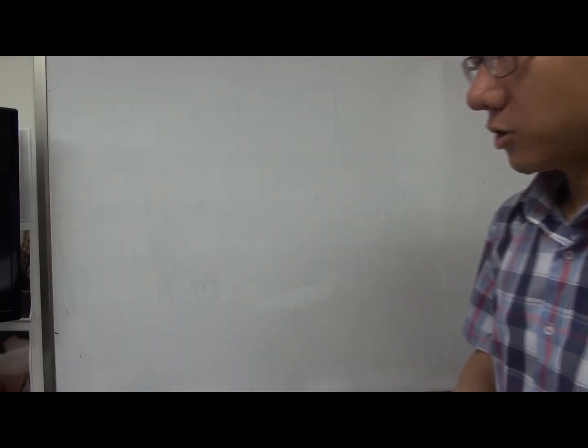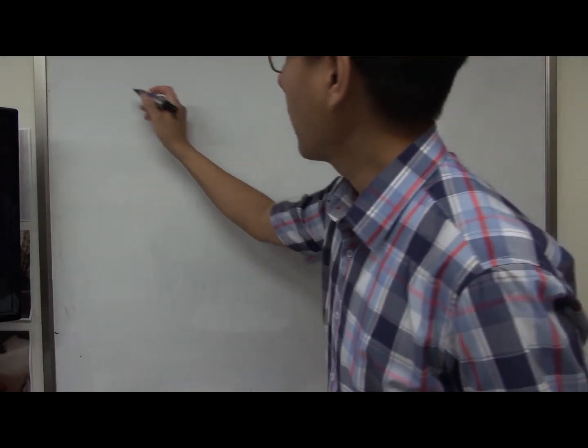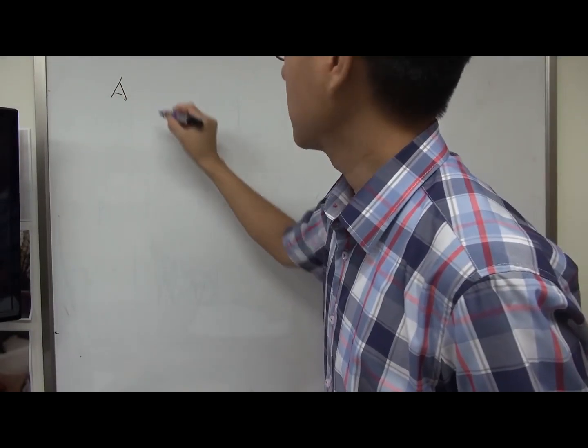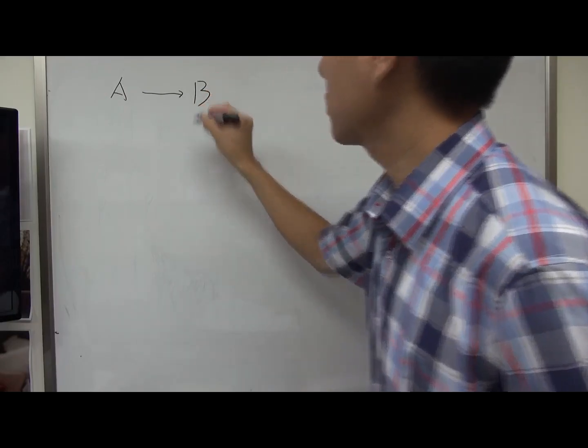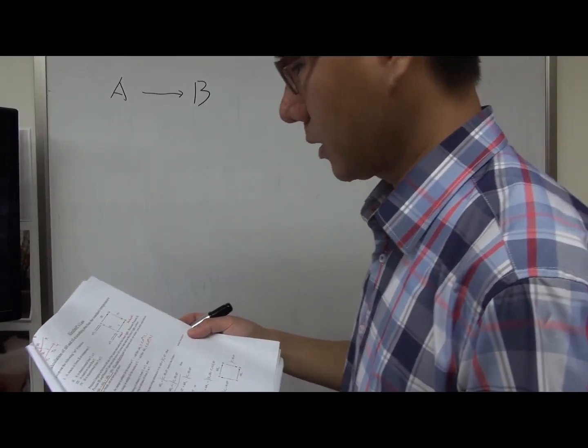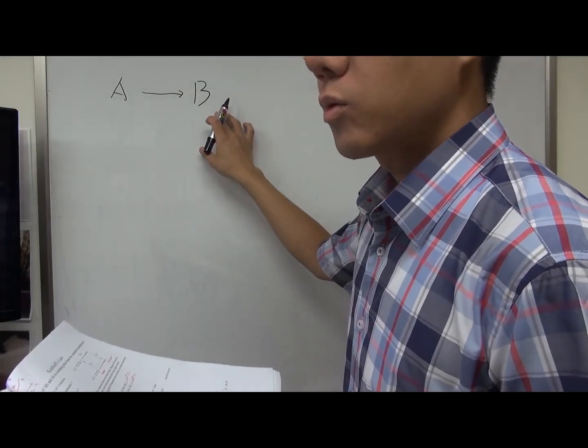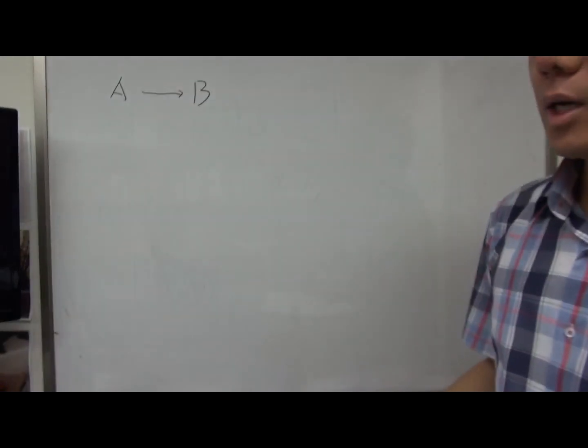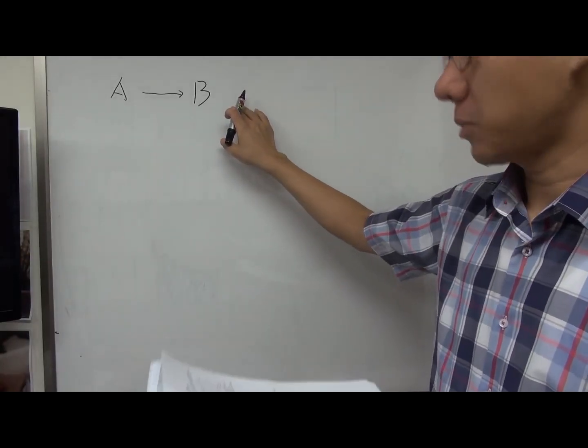Let's do the derivation for this Kirchhoff's law. It's very simple actually. Okay, let's consider a chemical reaction. Actually, let's consider a very simple one. The reactant A changes to product B. And we want to calculate the enthalpy change of this reaction at two different temperatures.